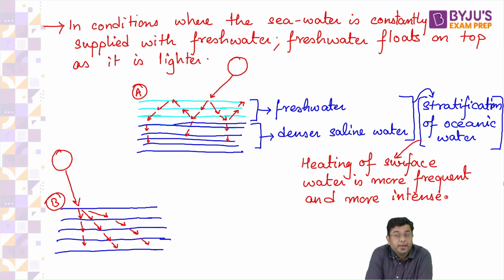Now, when the sea surface water in the tropics gets heated much more intensively, which atmospheric phenomena results out of that? When the surface of the tropical seawater gets heated more intensively, which atmospheric phenomena develops? Very good. Tropical cyclone.